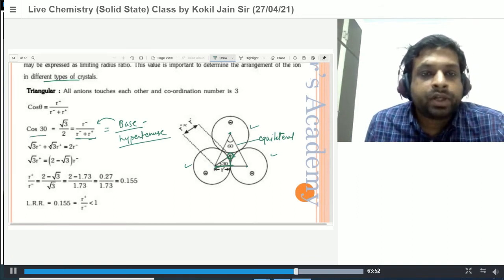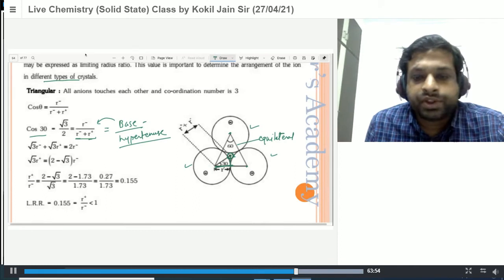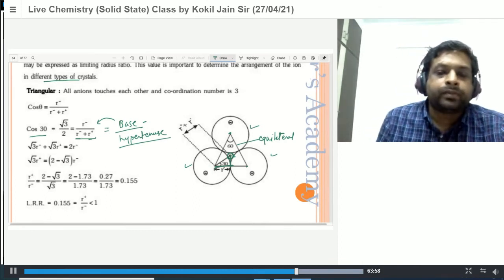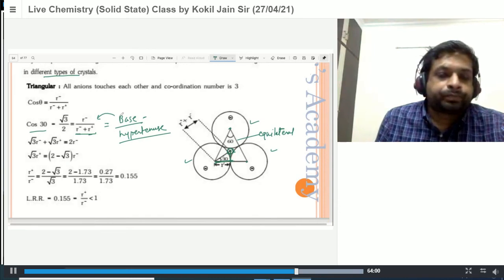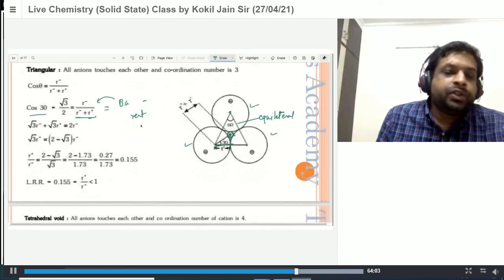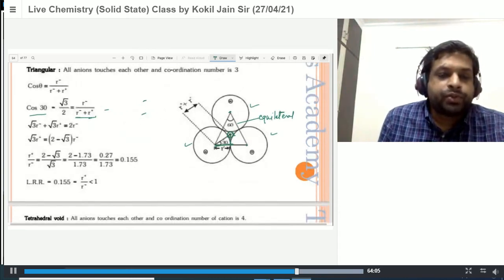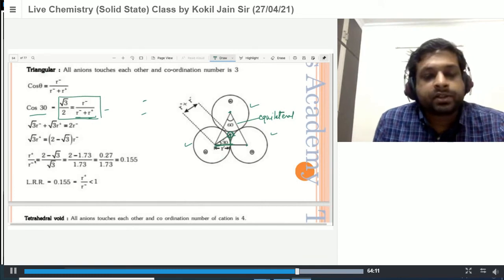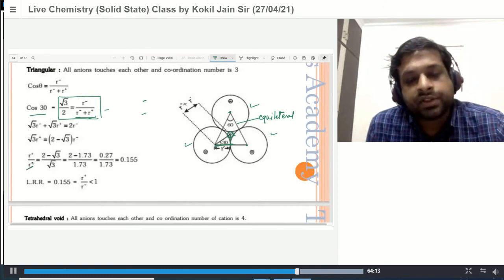Now see here, when you do this calculation using this equation and you try to calculate R plus by R minus, you get the equation that it is equal to 0.155.